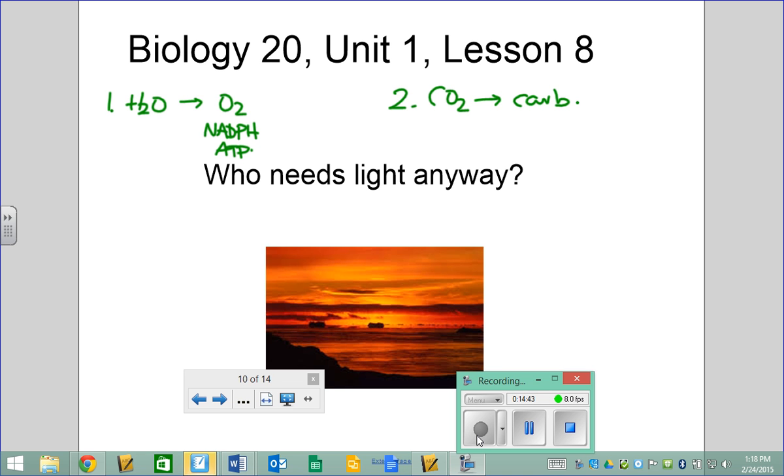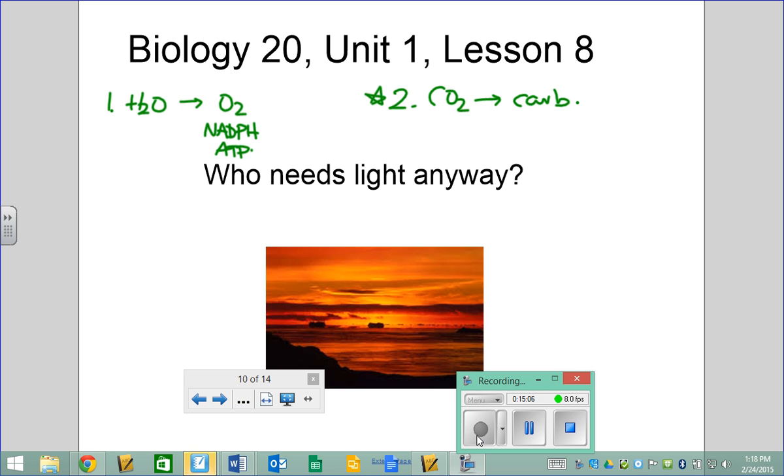So that's how we're separating the 2 parts of photosynthesis, so that when we write the reaction overall, we're actually writing 2 smaller sets of reactions put together as one big overall process. So I put the title, Who Needs Light Anyway, because this second part of photosynthesis does not require light.